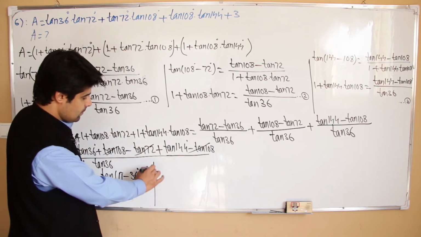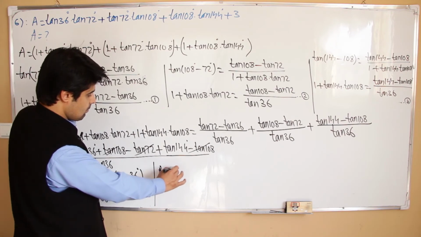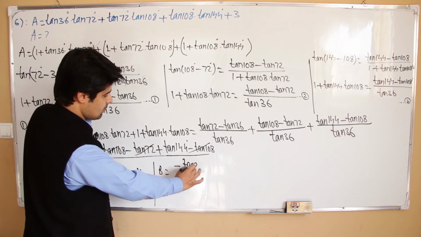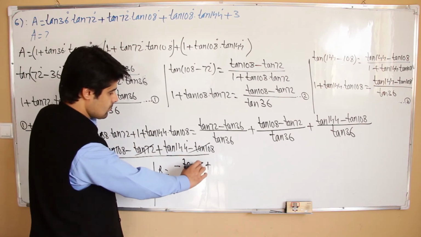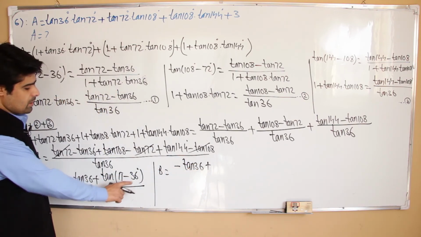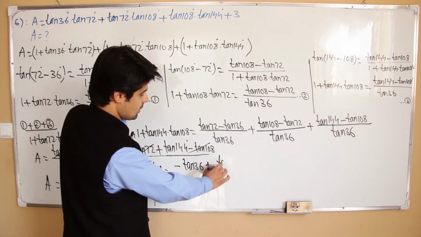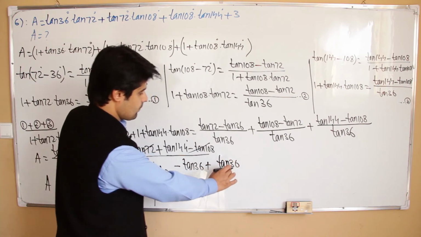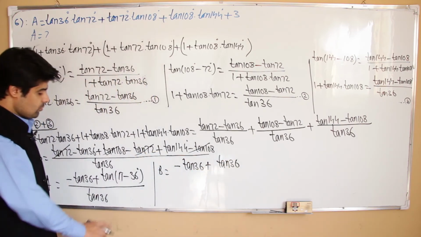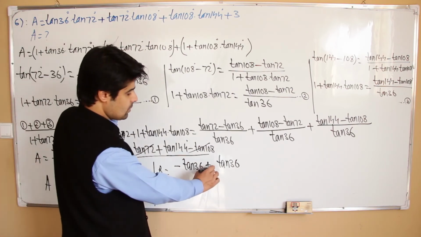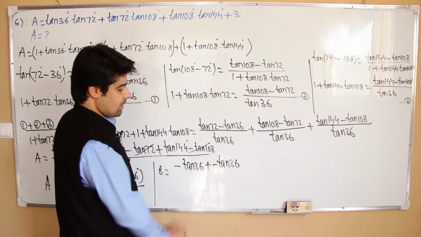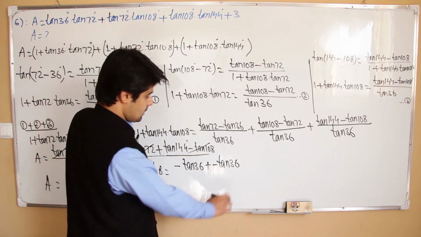Now, our B is minus tangent 36, put this one as it is, plus tangent pi minus 36, which is tangent 36. In which quadrant? In second quadrant. In second quadrant, tangent is negative. So this is negative. Am I right? Yes.